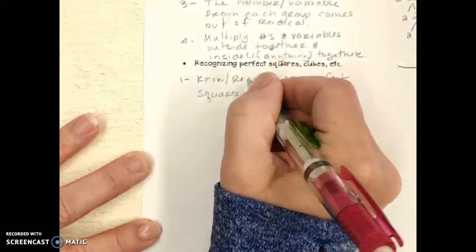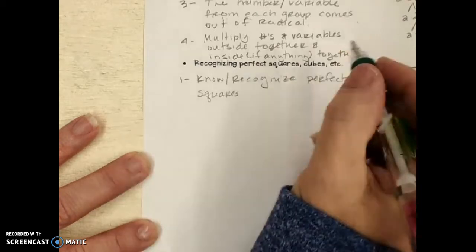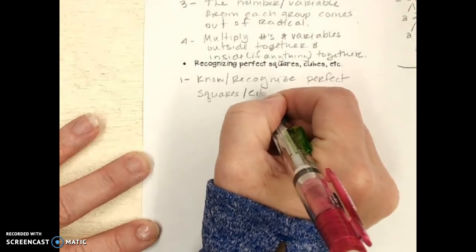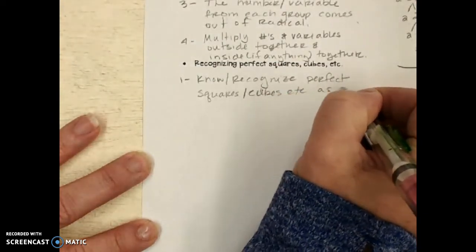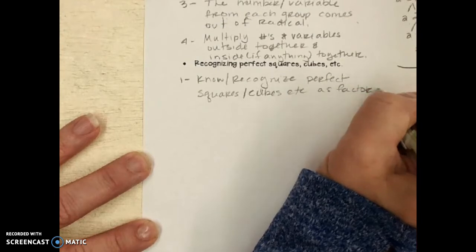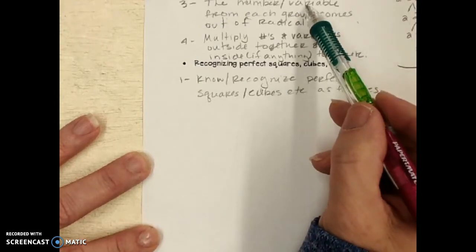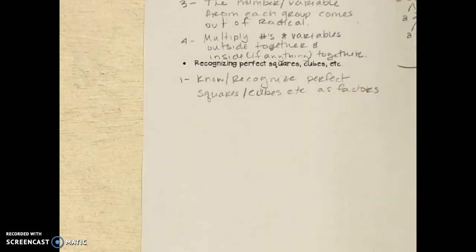And if you don't remember what the word factor means, when you write things as factors, it's things that you're multiplying. And so if you can recognize those perfect squares, cubes, whatever they are, as factors, it'll be faster, I think, than doing this other method where you have to do the prime factorization. But everybody's different, and so that's why I'm showing you both.